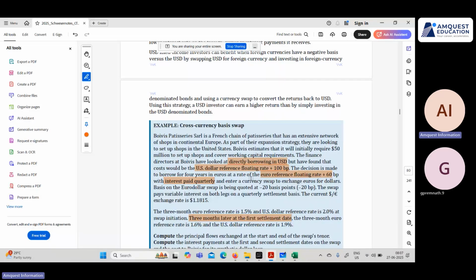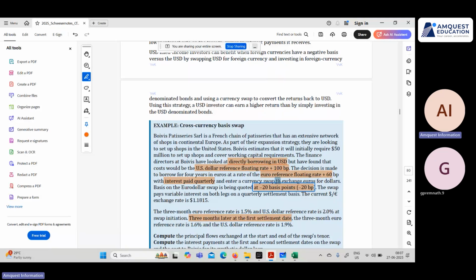He entered a currency swap to exchange euros for dollars. Right. And the basis on the euro dollar swap is being quoted at minus 20 basis points, which is on the reference euro rate, but he is going to do a currency swap, euros for dollars.